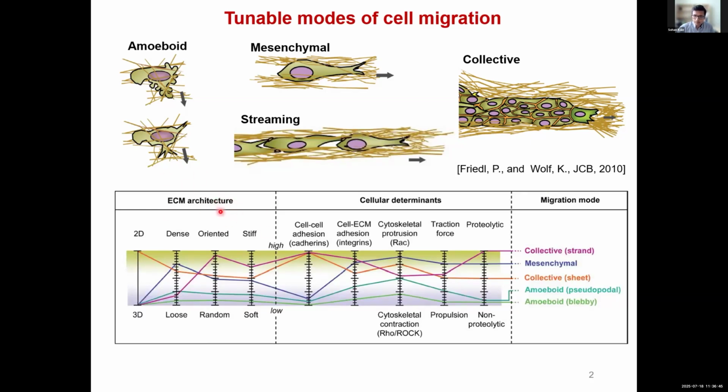Typically, it is quite difficult to control ECM architecture in a reproducible way, and also to image the underlying ECM matrix to learn about the cell migration and what forces they are exerting on their environment to achieve this kind of migration.